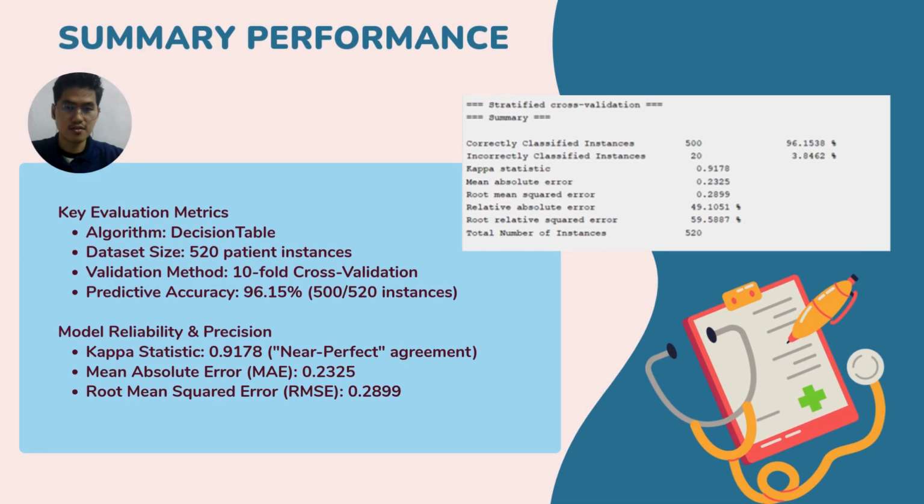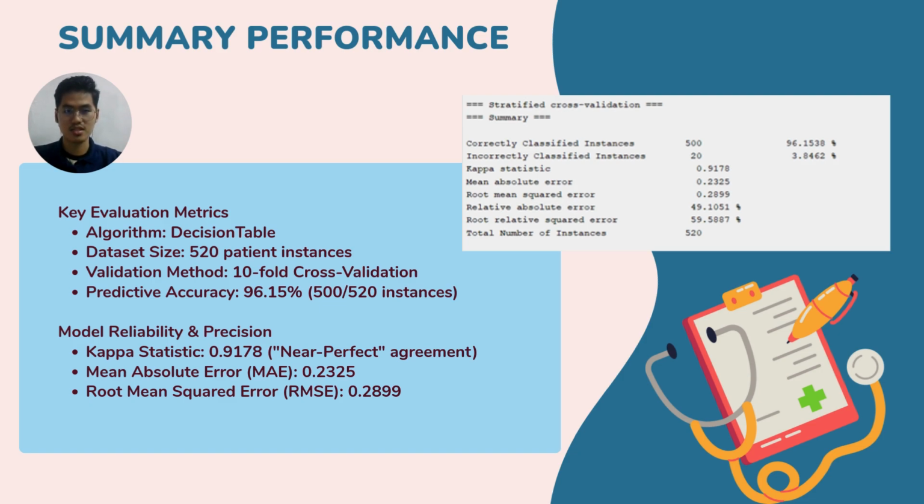So now for the summary performance. To validate our model, we applied the decision table algorithm to a dataset of 520 patients using tenfold cross-validation to ensure statistical stability. The results were exceptional. We achieved a 96.15% accuracy rate, correctly identifying 500 out of 520 cases, with a kappa statistic of 0.9178.